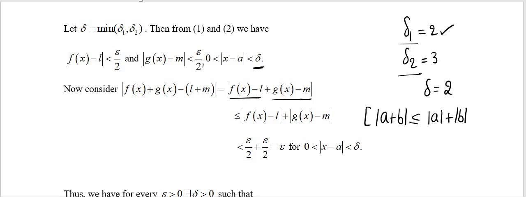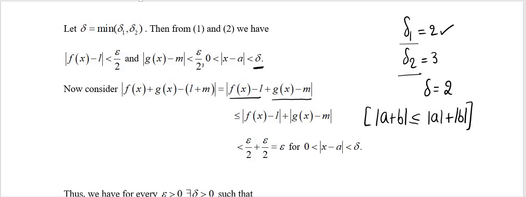So mod a plus b is less than or equal to mod a plus mod b. Next, by using this concept, this one is strictly less than epsilon by 2 plus, again by using the same concept, modulus of g of x minus m is less than epsilon by 2.